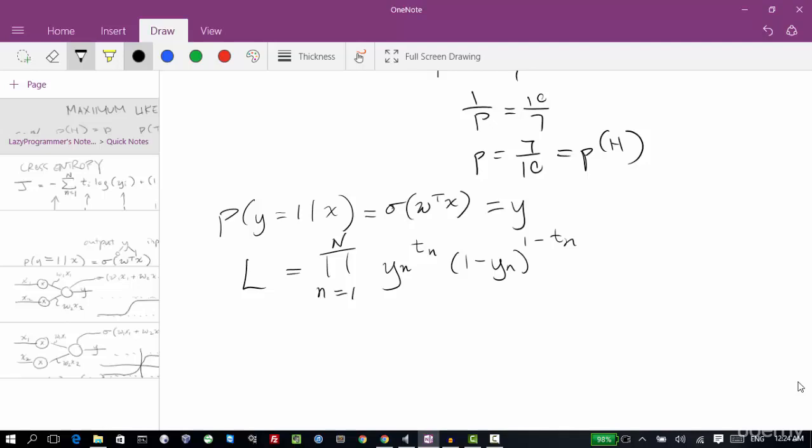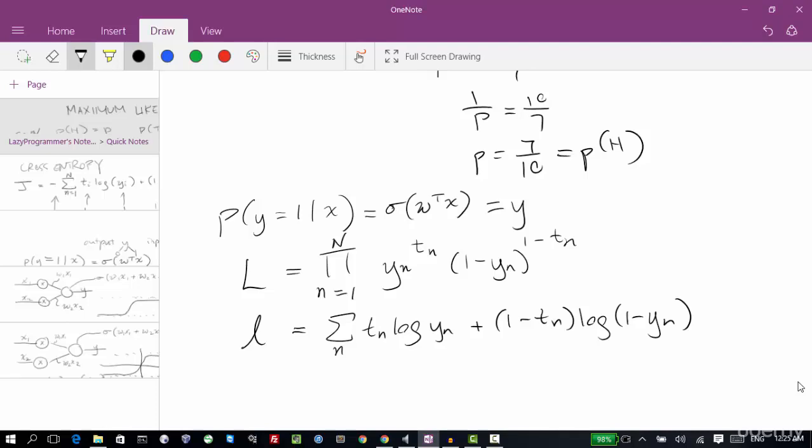Now what's interesting about this is if we take the log likelihood, we get the same form as the cross entropy error function that we talked about last time.